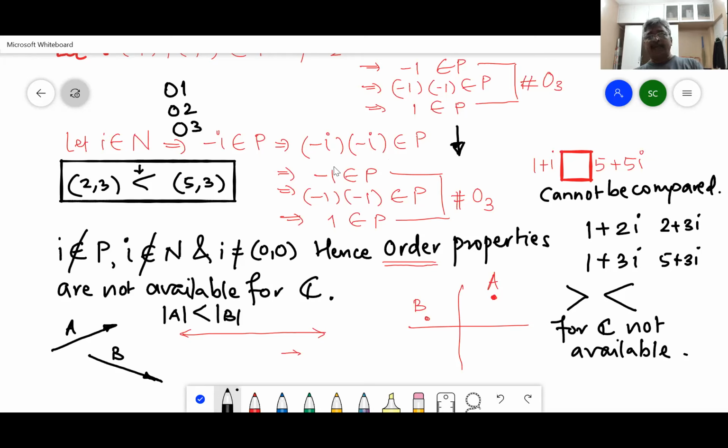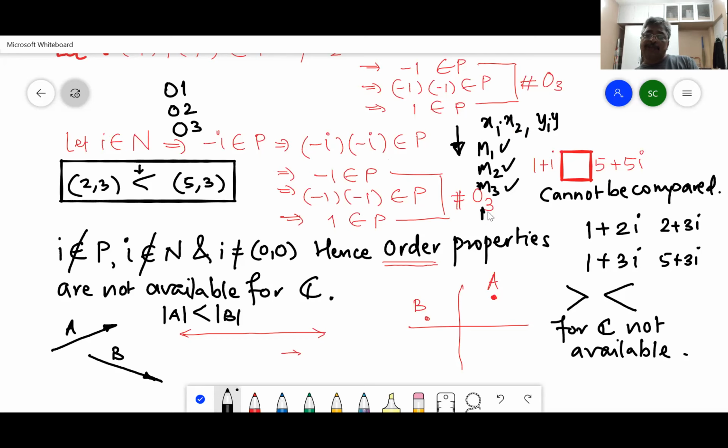In M1, M2, M3, with our definition of multiplication, x1 dot x2 comma 0 or y1 dot y2, all three of them were satisfied.